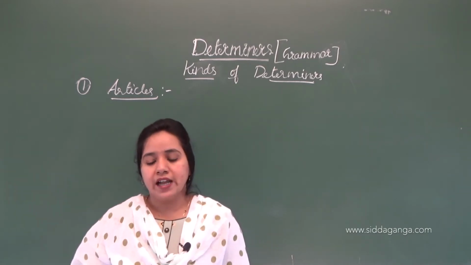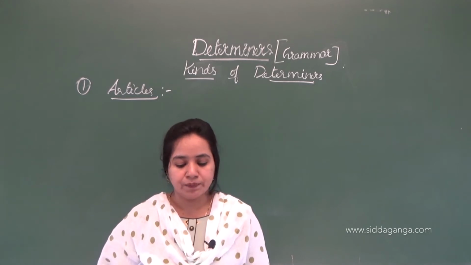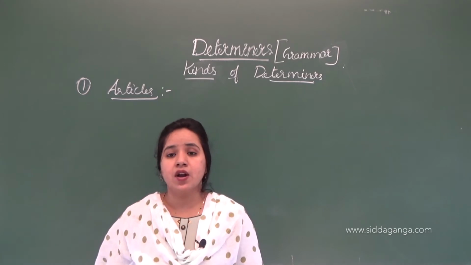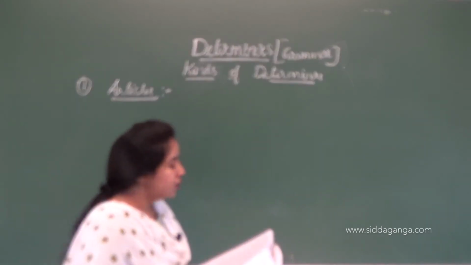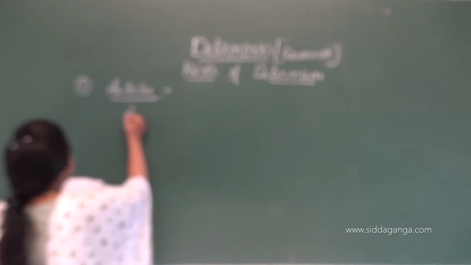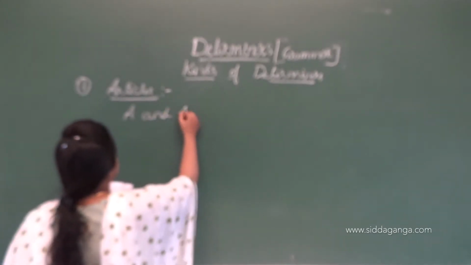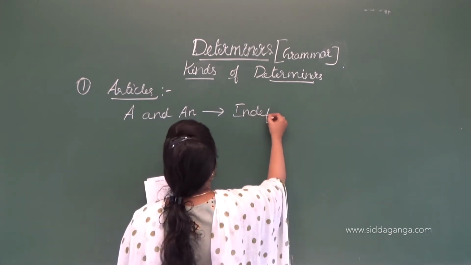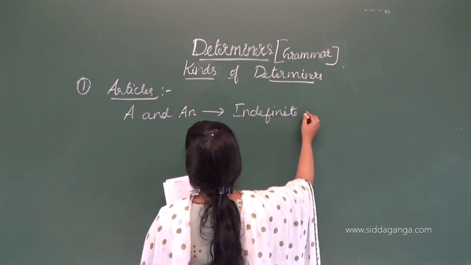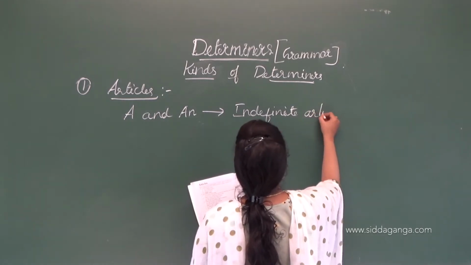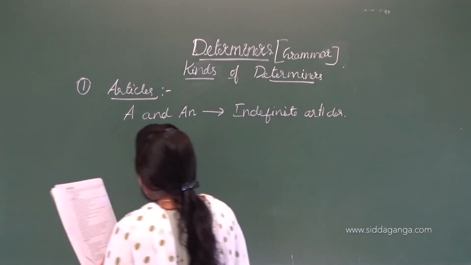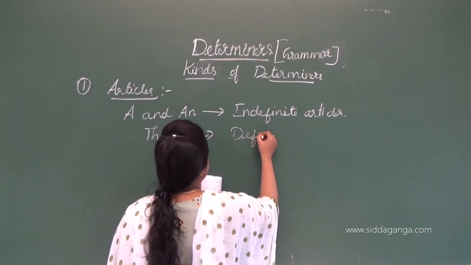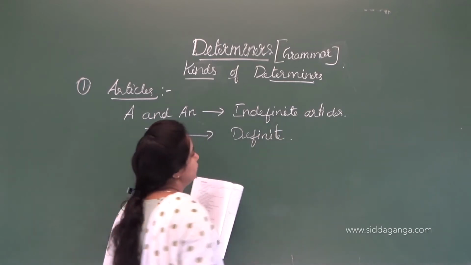You all know that a and an are called indefinite articles, whereas the is called a definite article.